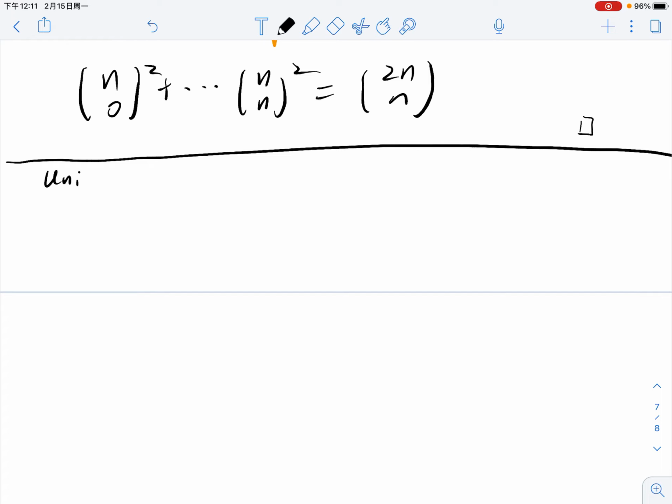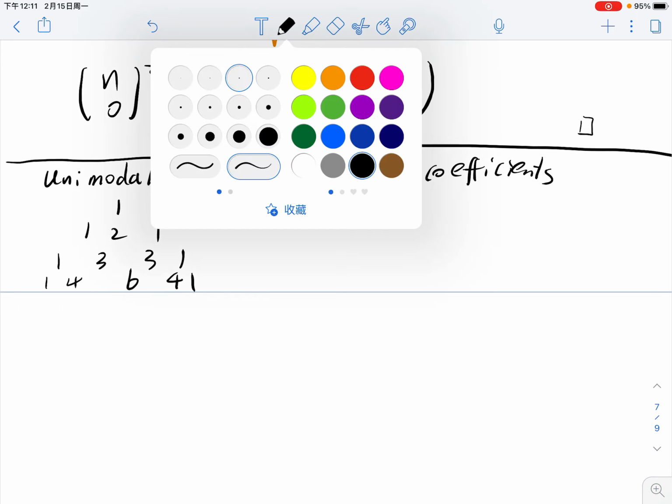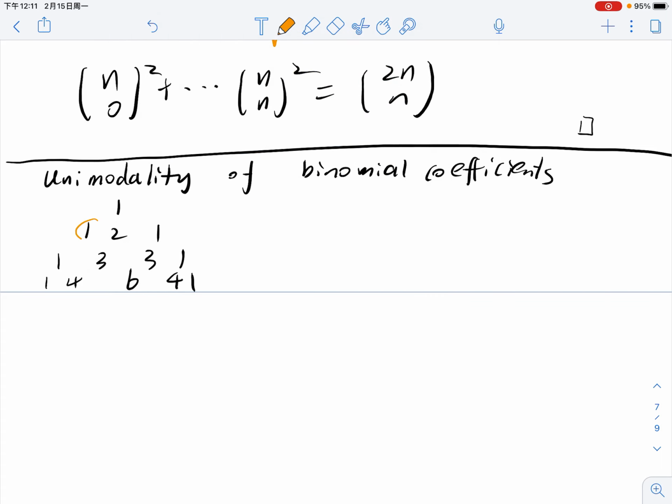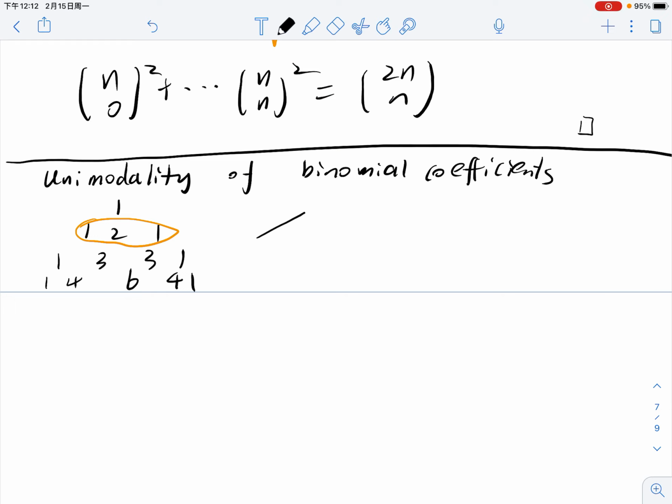Okay, the next very important property you can also see from the Pascal triangle is called unimodality of binomial coefficients. That is, if you have the triangle, you will see that along each row, the value goes up and then goes down.